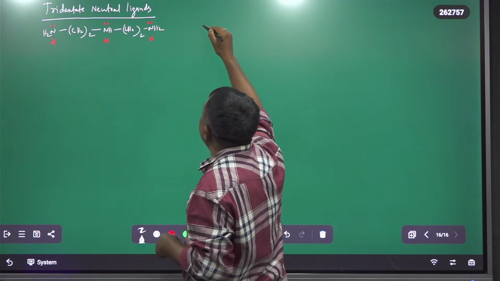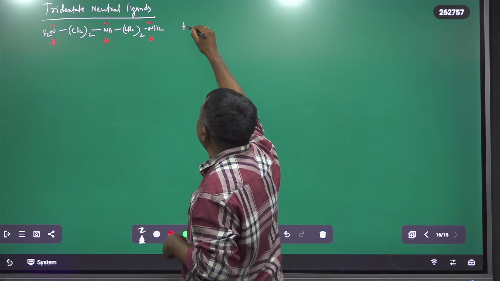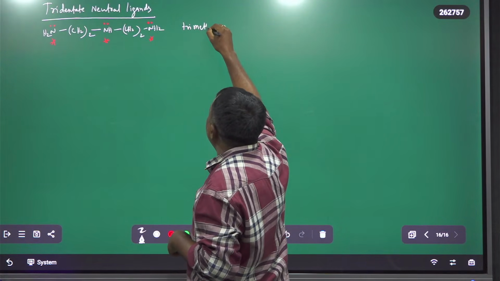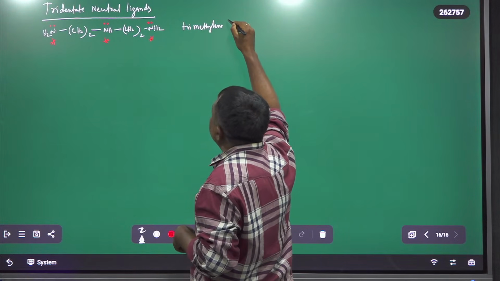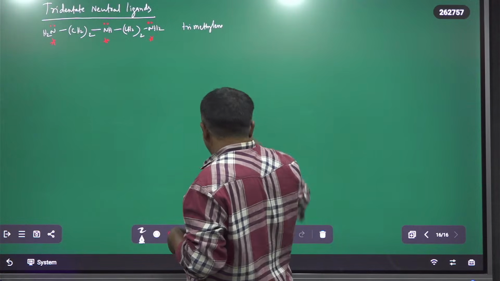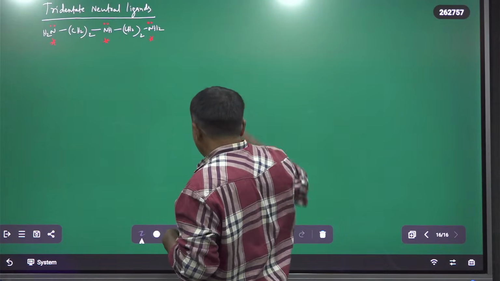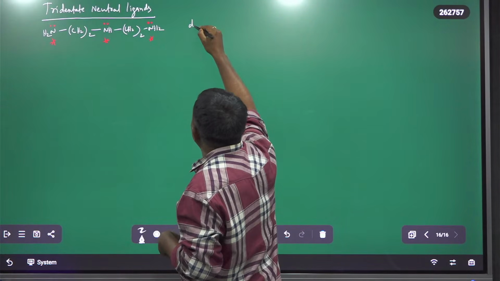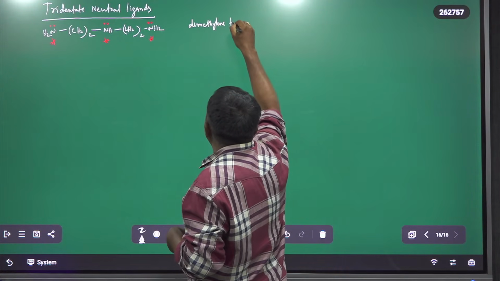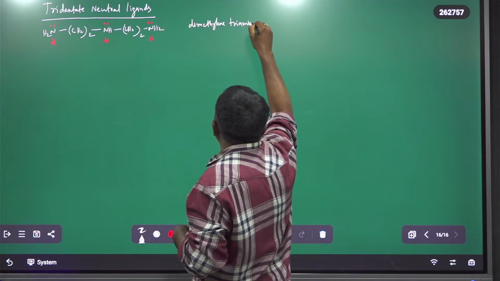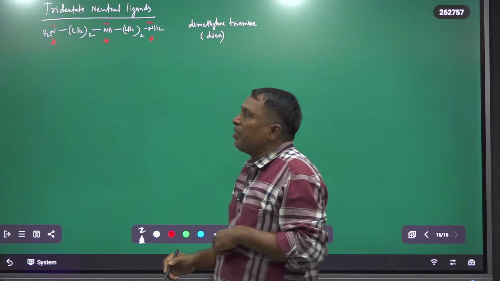The name of this one is diethylene triamine. Diene is the abbreviation used in the complex compound.